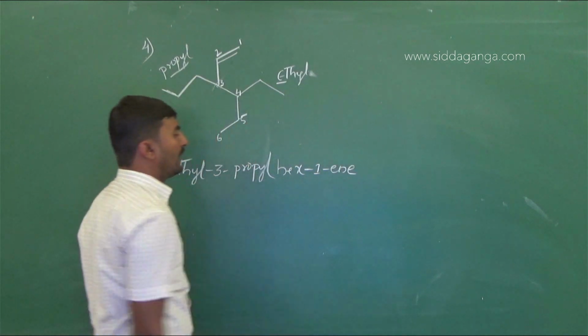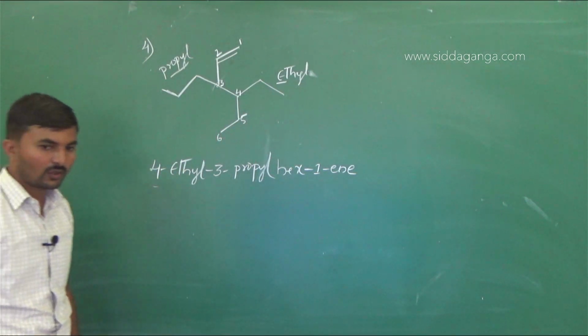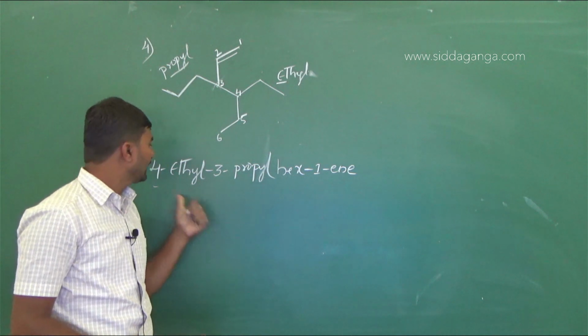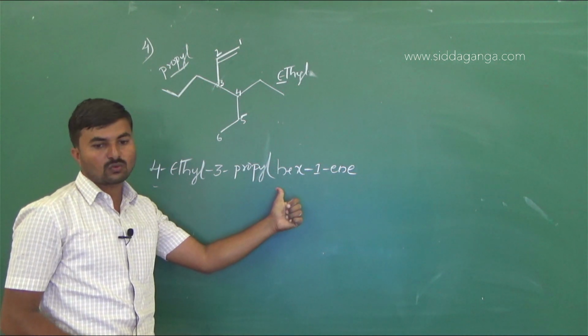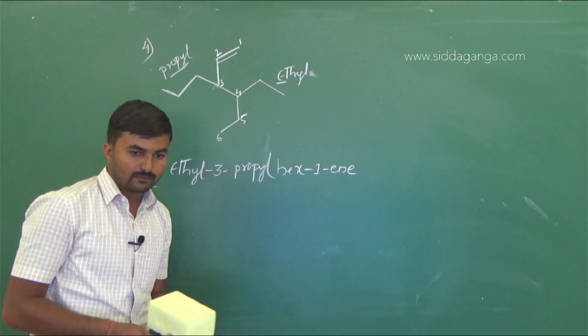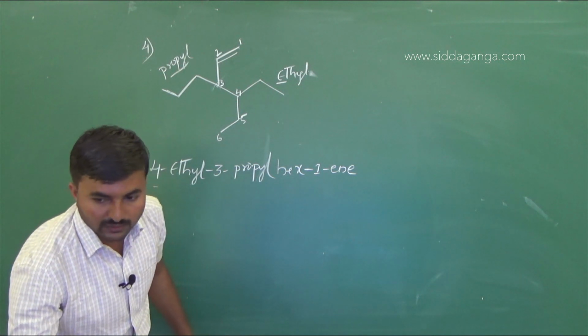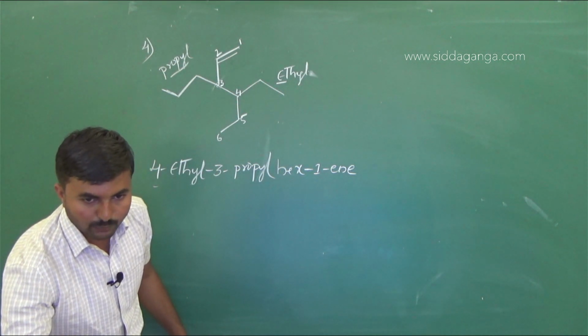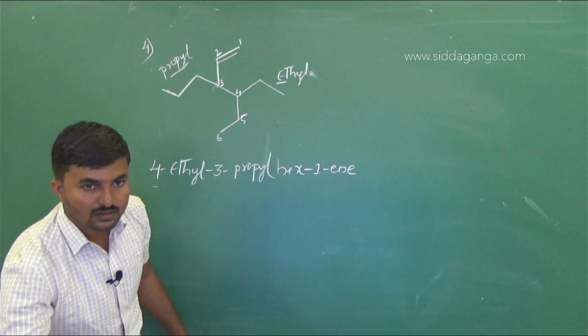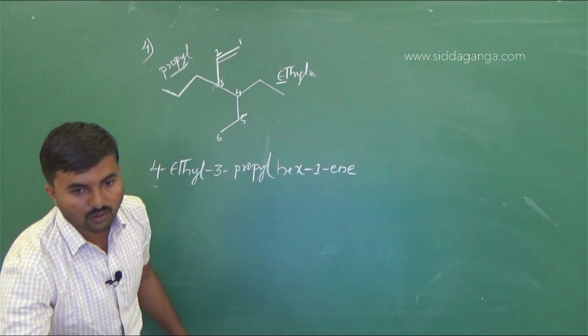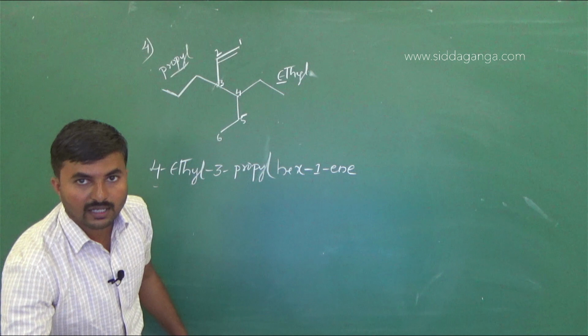That means hex-1-ene. So which is the correct option here? 4-ethyl, 3-propyl, hex-1-ene. That is present in the third option. So which is the correct option then? The third option.